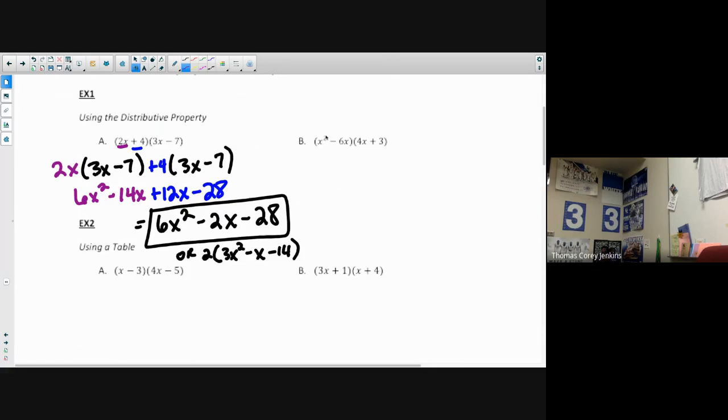So this time we have a second degree term, so this will be a little bit different look. Same process though. So we're going to multiply the x squared times 4x plus 3. And then the minus 6x, got to close my parentheses, then the minus 6x times the 4x plus 3 as well.